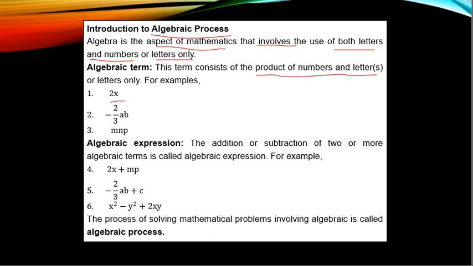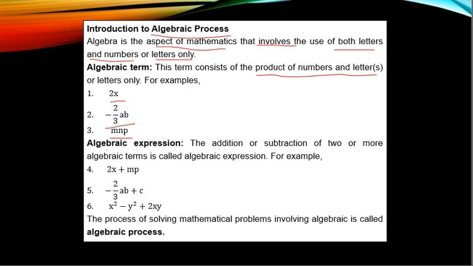So 2s is an algebraic term. Example 2, minus 2 over 3ab is another algebraic term. Example 3, mnp, product of letters only, is also an algebraic term.